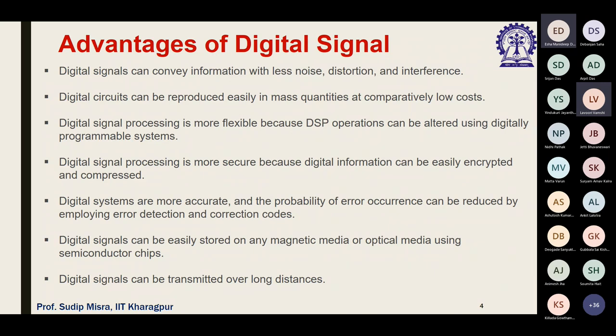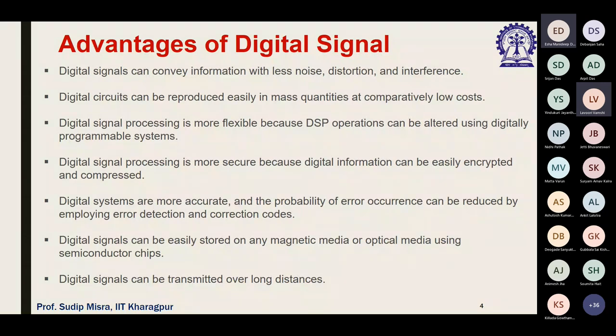When the signals go through a particular channel, due to various reasons, there could be different types of noise induced. Some noises are due to the movement of the electrons. Some noises are due to the presence of some electronic or electromagnetic device. So there could be noise, distortion, interference from other devices.